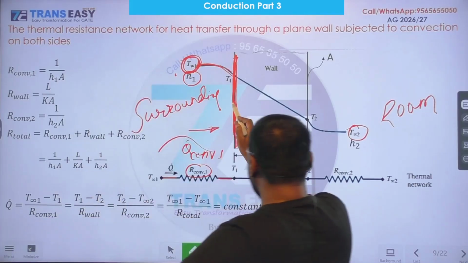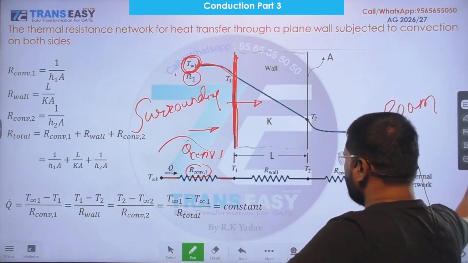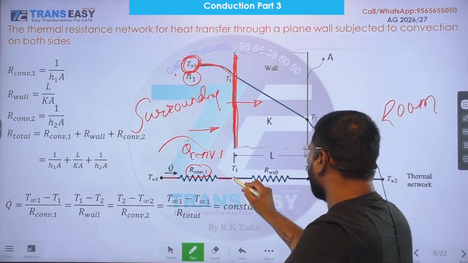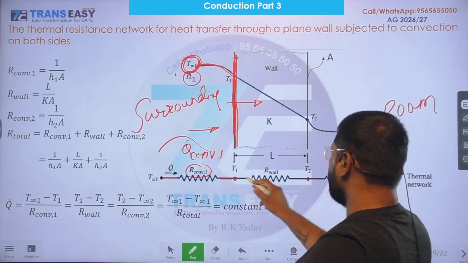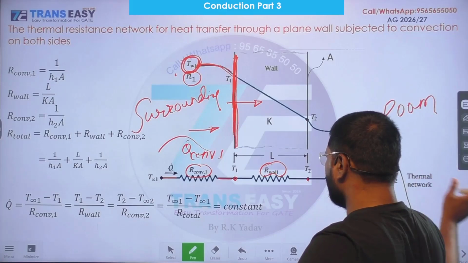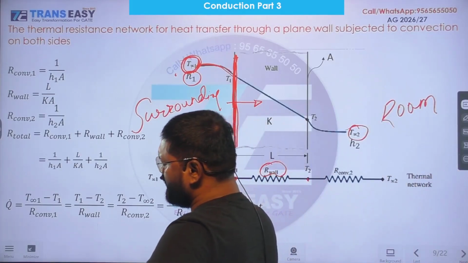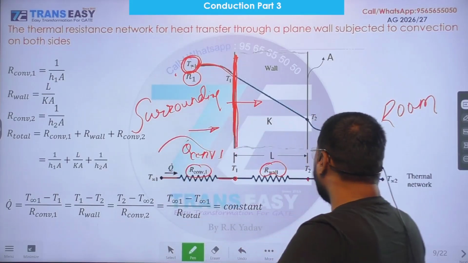Conductive resistance, and now it is being conducted through the thickness of the plane wall from T1 to T2. So between T1 and T2, this is conductive resistance of the wall. L upon K. L is the thickness, K conductivity of the material of the wall, and A cross-sectional area.